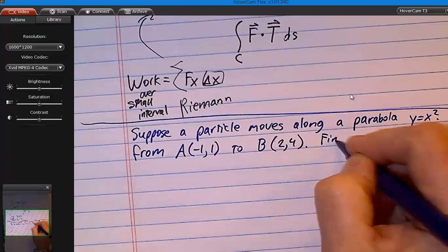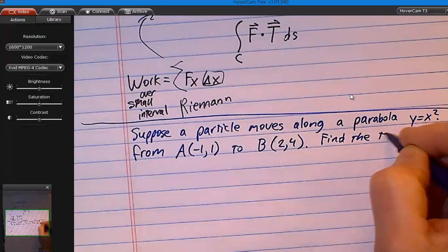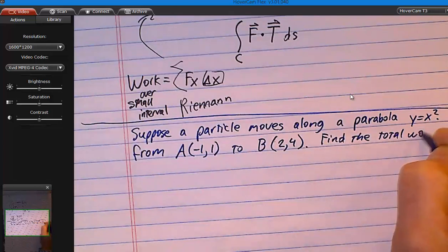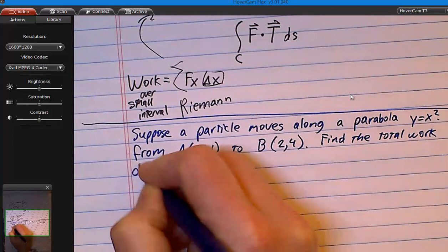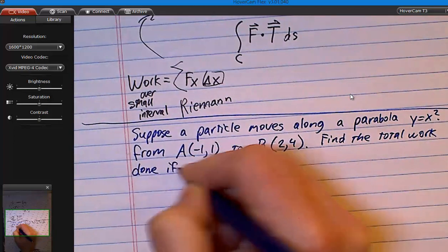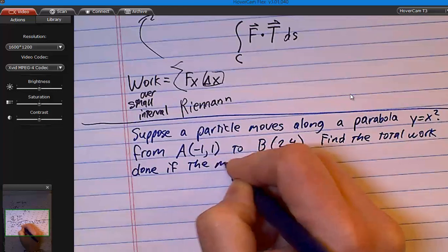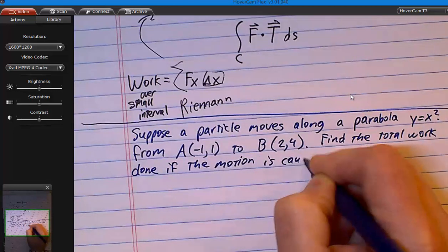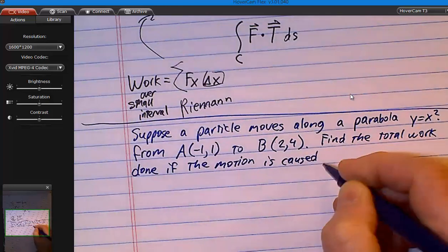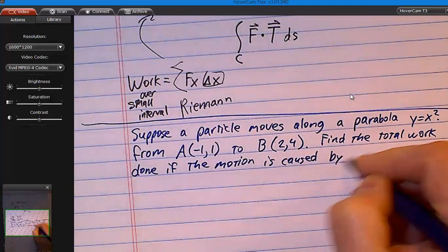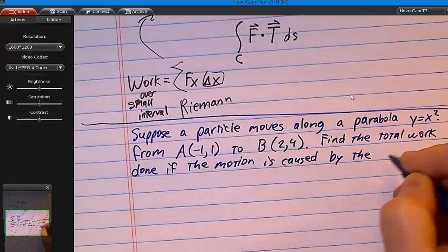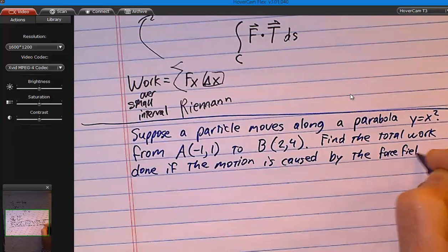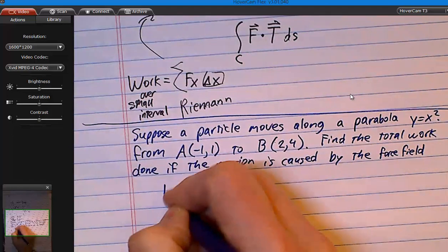Find the total work done if the motion is caused by the force field. So let me give you the vector field.